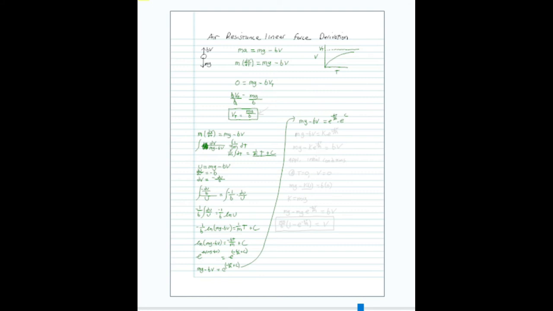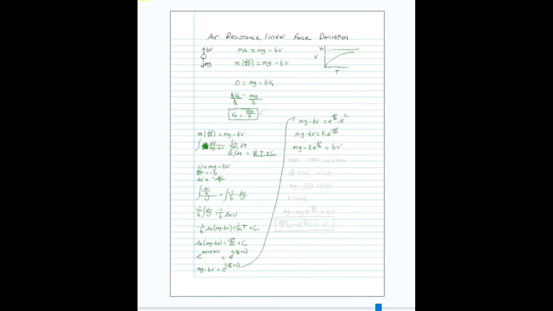So I'm going to call this mg minus bv equals k, a new constant, which is e to the c, times e to the negative bt over m, like that. Okay, now I'm going to bring that to the left and bring bv to the right. I get mg minus k e to the negative bt over m equals bv.